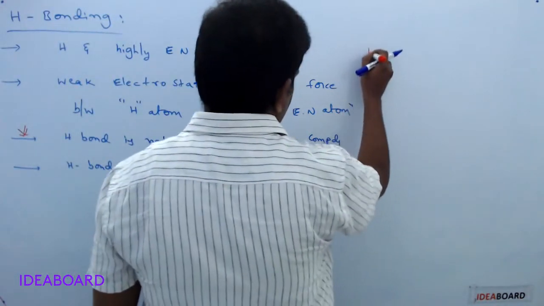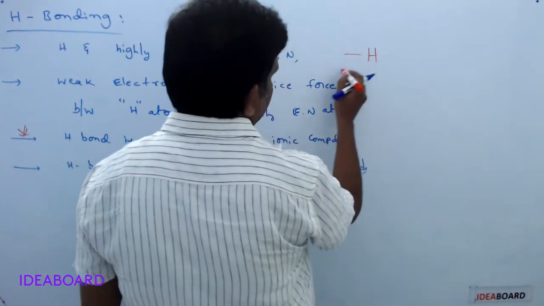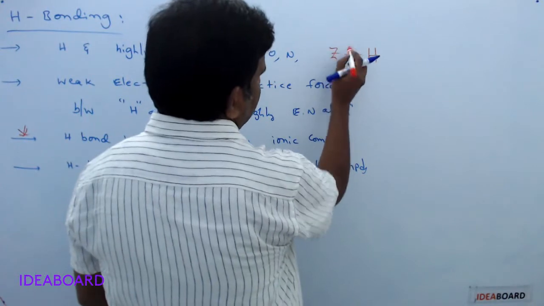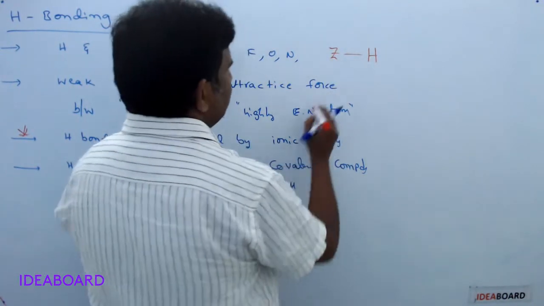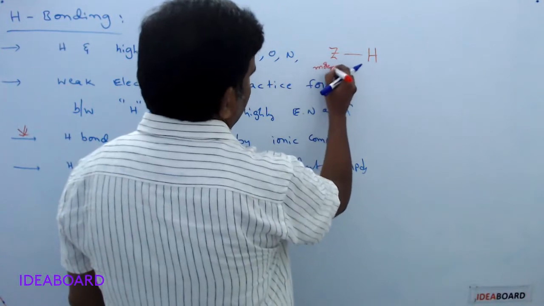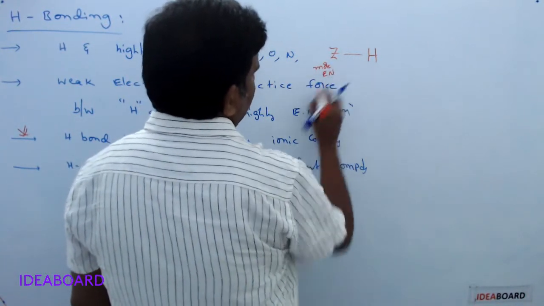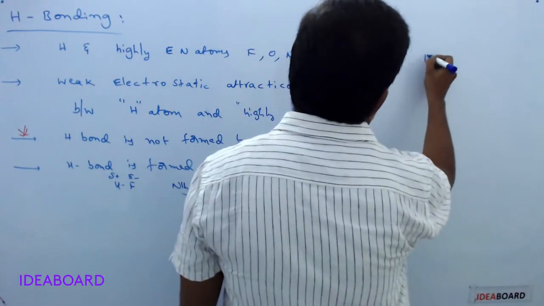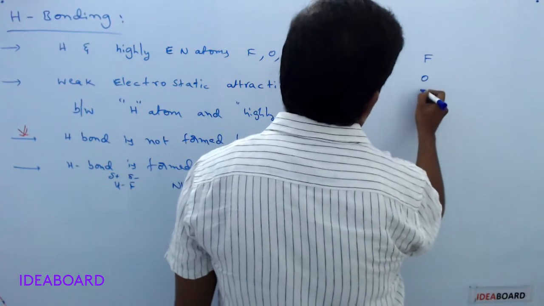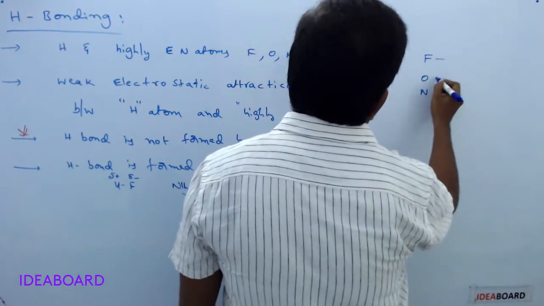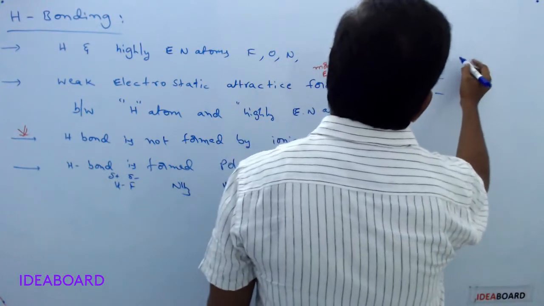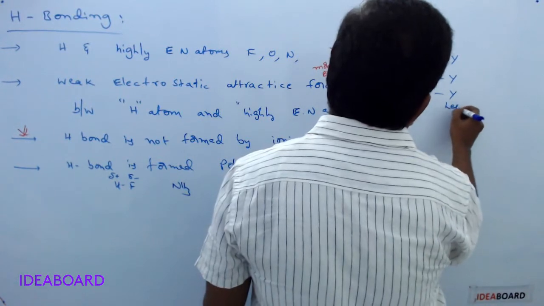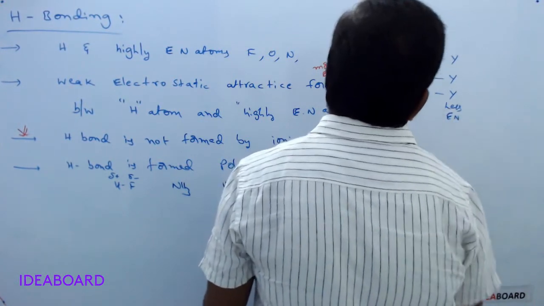Here I am writing hydrogen, which is present with some atom, say Z. Whatever Z may be, it must be bonded with a more electronegative atom, either fluorine or oxygen or nitrogen. These are bonded to some Y, for example. The Y must be less electronegative.